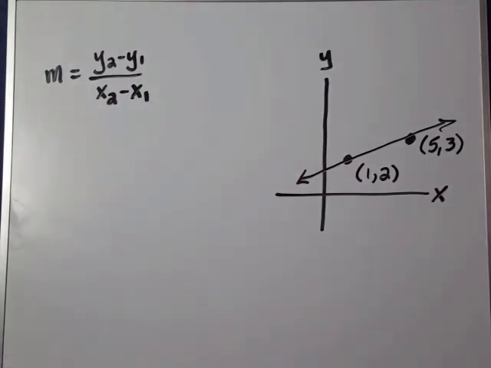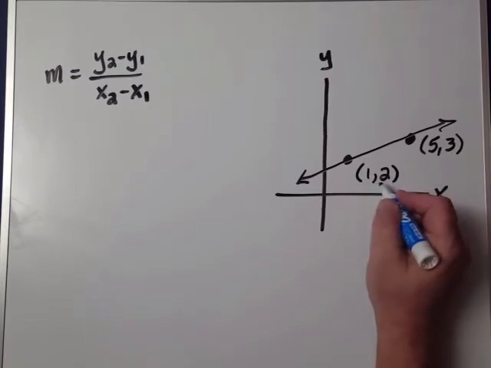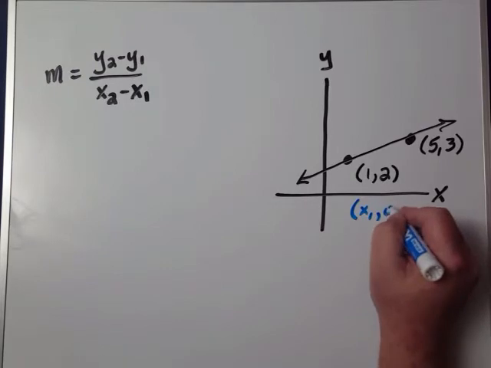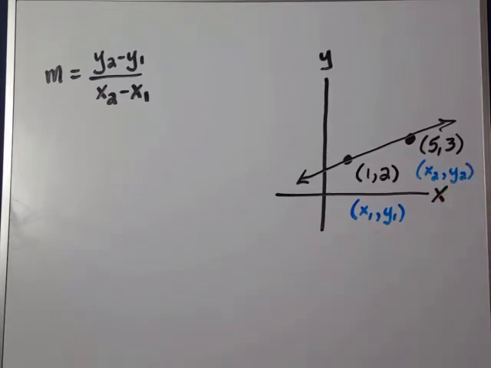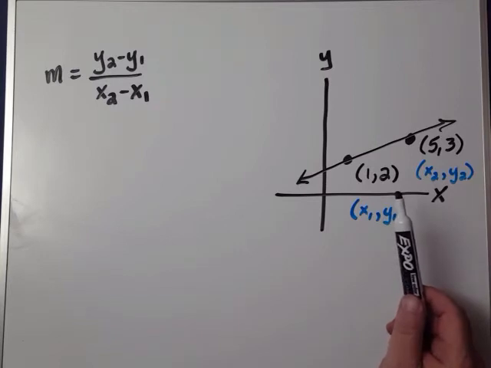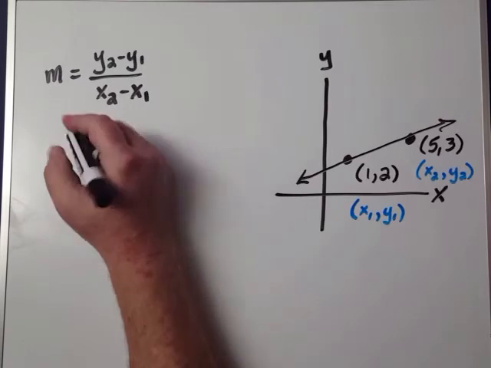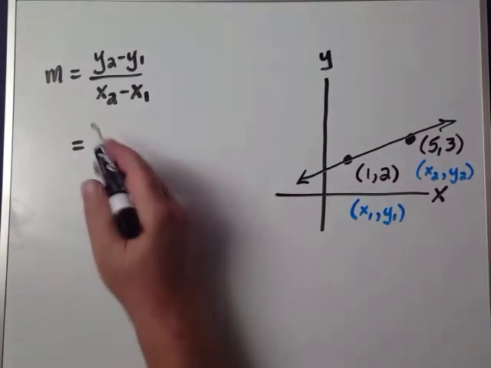Call one of these points your first point. Call one of them your second point. I'll do the one on the left here as my first point. Call that x1, y1. And this guy we'll call x2, y2. It doesn't matter which one you call which. You'll get the same answer either way. So plugging into our formula, we have the difference in the y's.